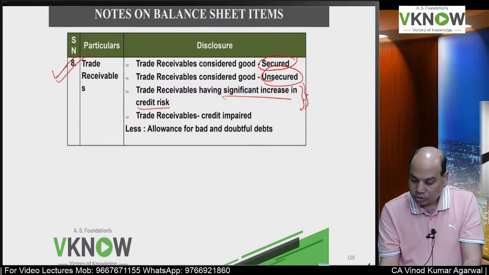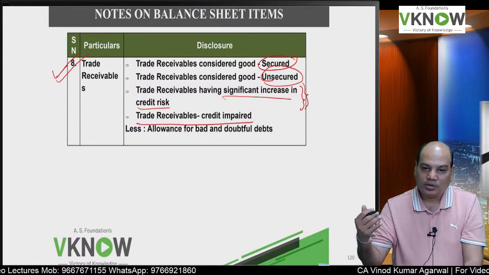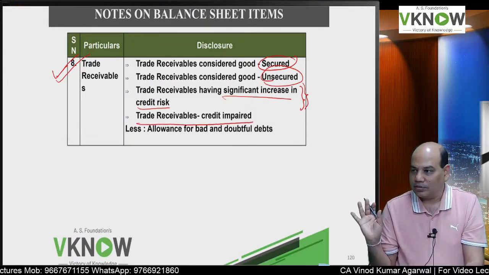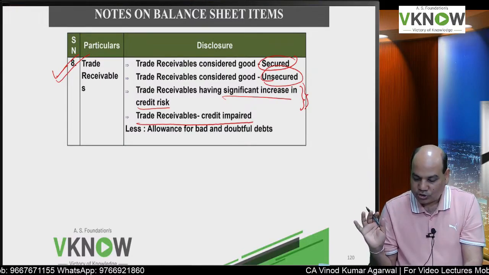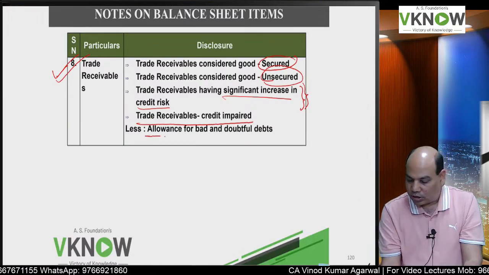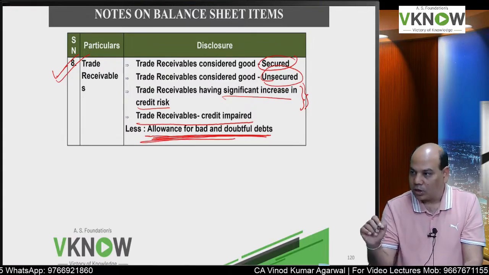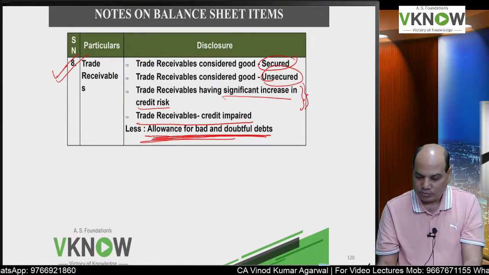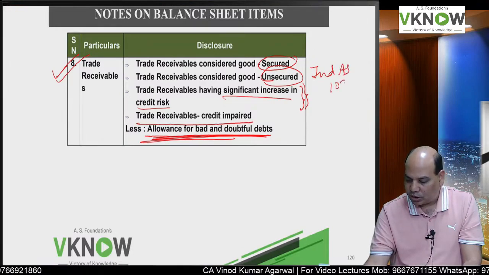Okay. And those debtors which have become credit impaired, means they are bad. Recovery is very difficult, disclose separately, and any allowance for bad and doubtful debt will be disclosed here only as a deduction. You also mention, refer to Ind AS 109.